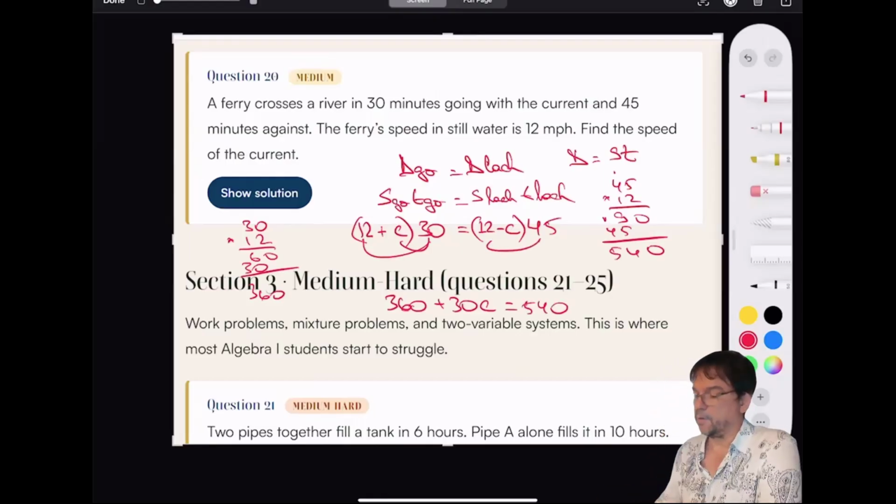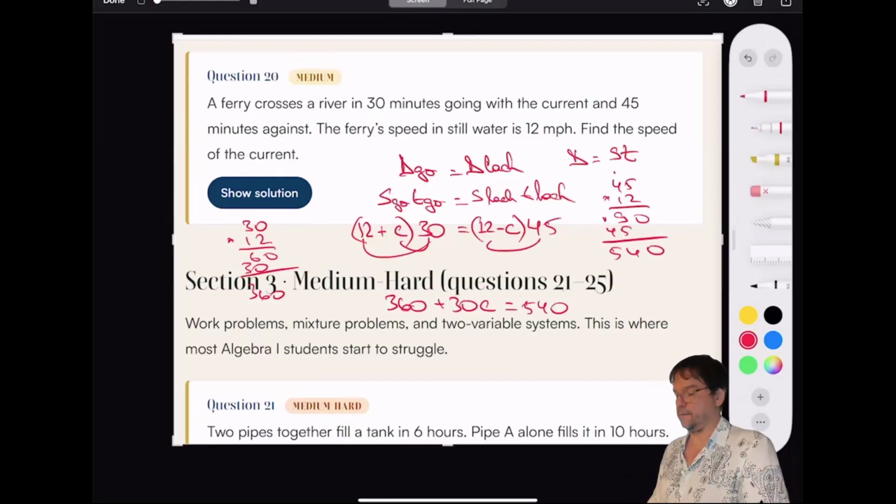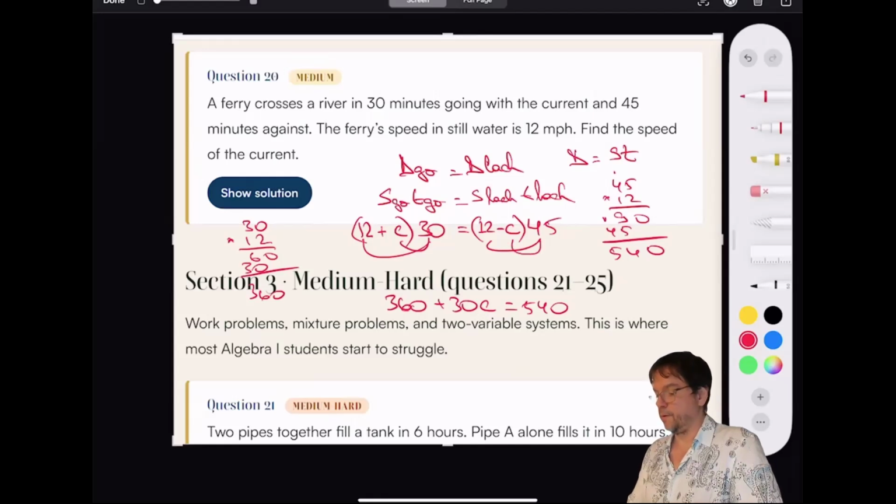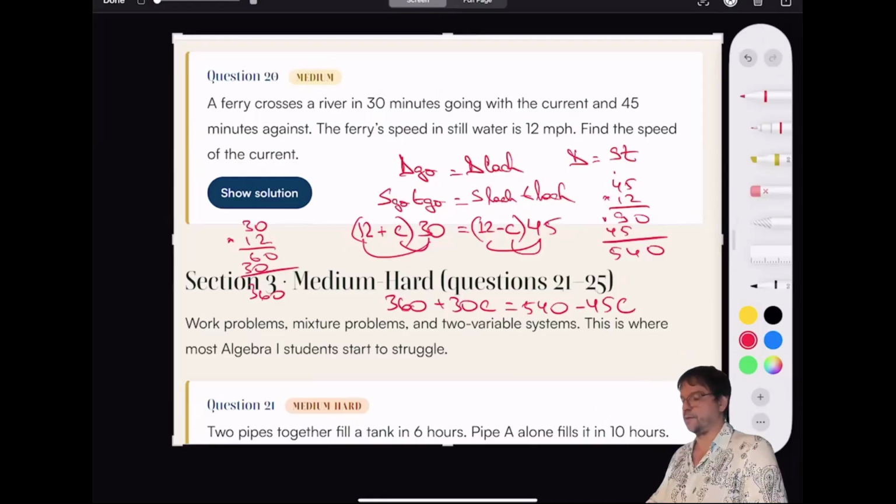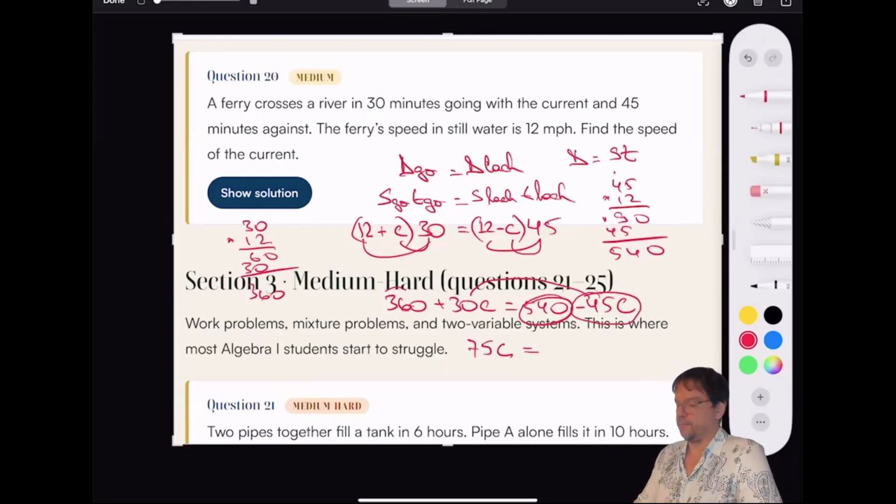Okay. I'm horrible in calculations. I need to be careful. Minus 45C. Okay, then I will pass everything to the same side. 45 is negative, I will pass it positive. 45 plus 30 is 75C. Do you agree? Yeah.